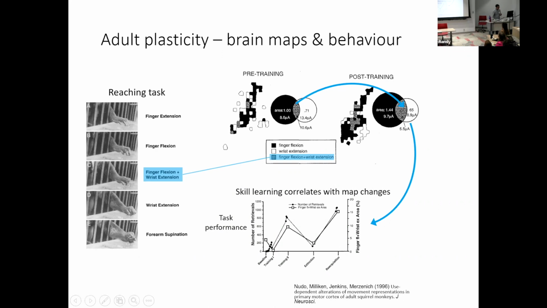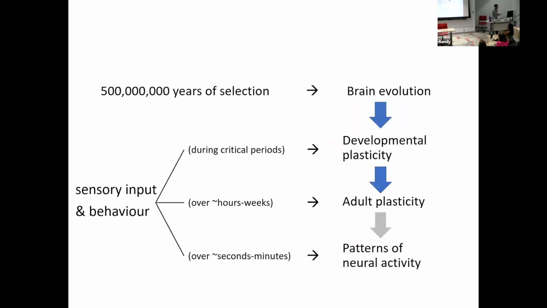So this and other studies suggest that adult plasticity that reorganizes this map is constraining the neural activity that's driving this optimal behavior so that it can accomplish this difficult task.